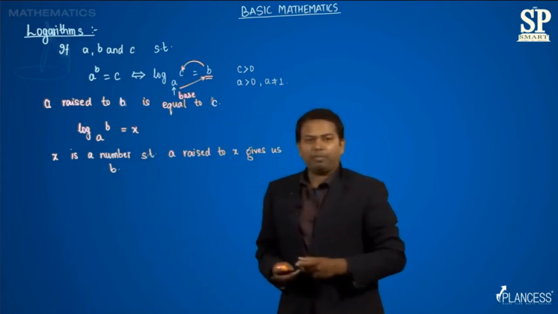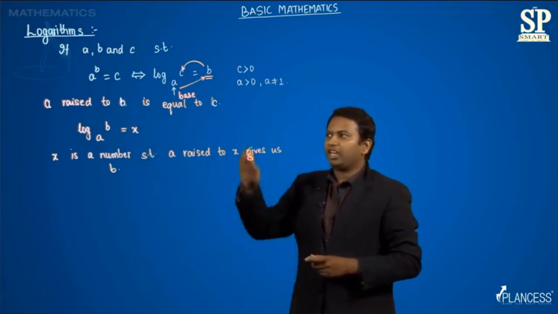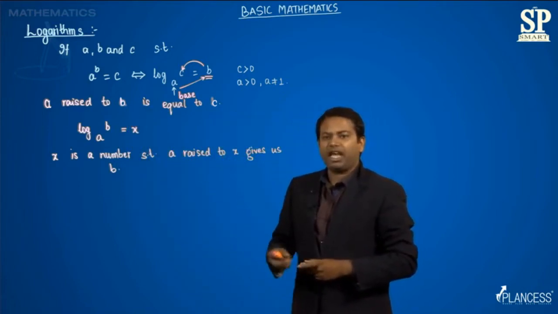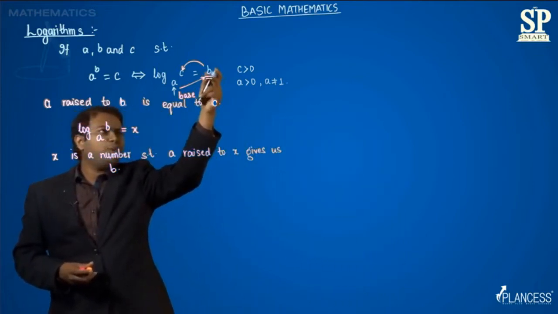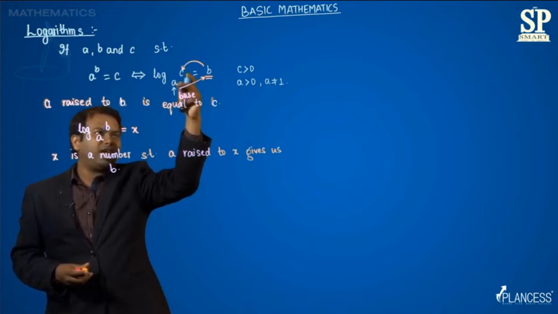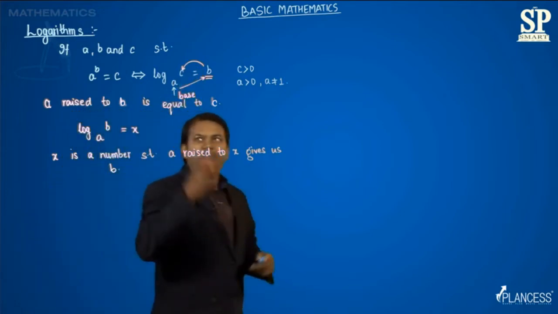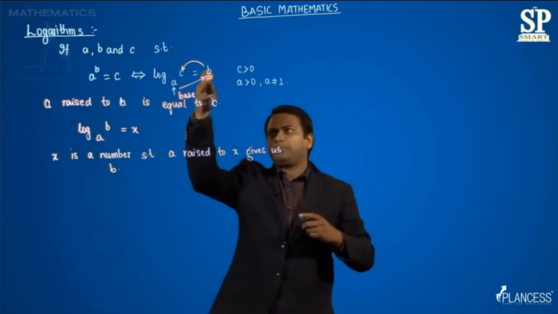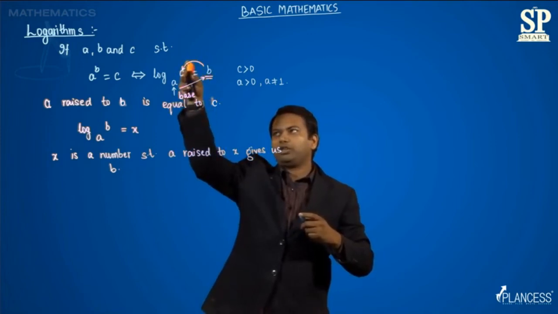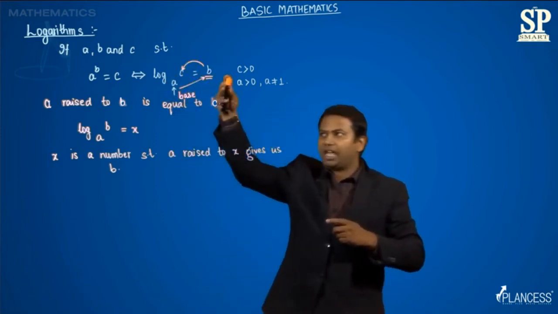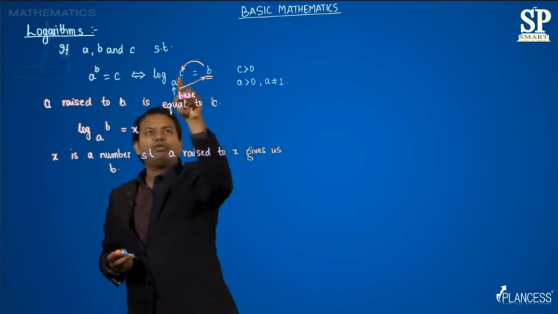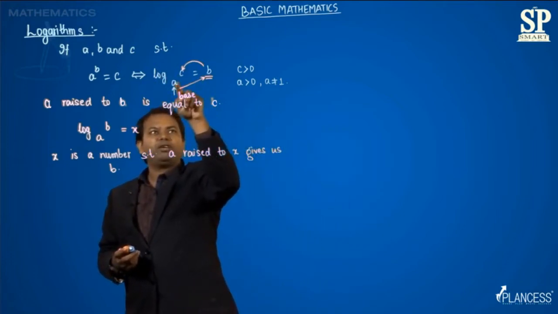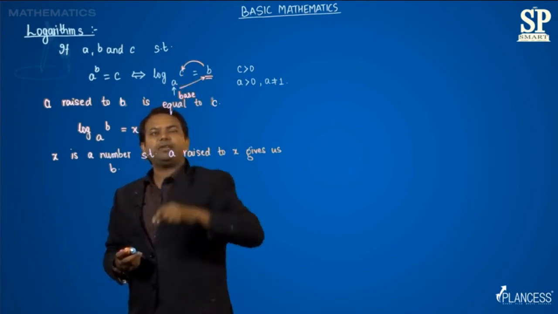If A to the power B is equal to C, then log of C base A is equal to B, and B is such a number that when A is raised to it, it gives us the number C. The arrow should give you a hint as to how you'll get the answer. If you want to remove the logarithm, we take A to the power B, and that gives us C.